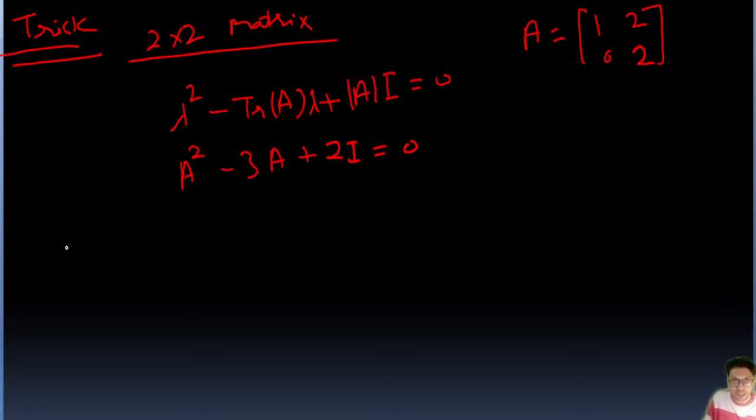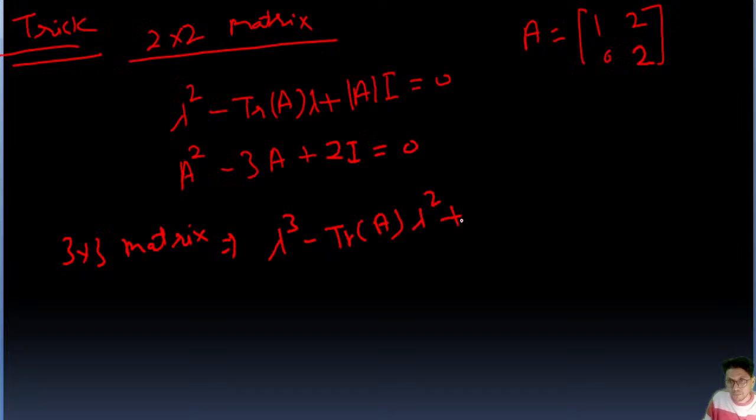Now the second trick, for a 3 cross 3 matrix. The characteristic equation we can directly write: lambda cube minus trace of A lambda square, plus the sum of the minors of A11, A22, A33 times lambda, minus the determinant of A, equal to 0.